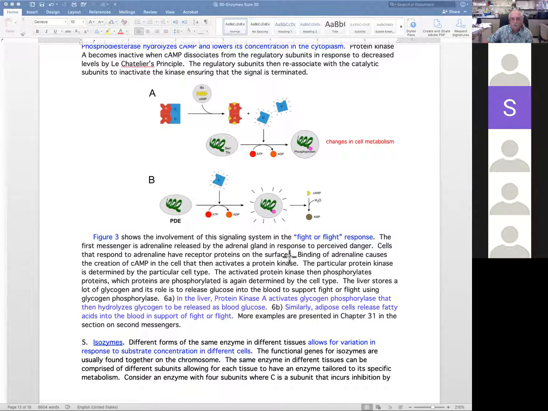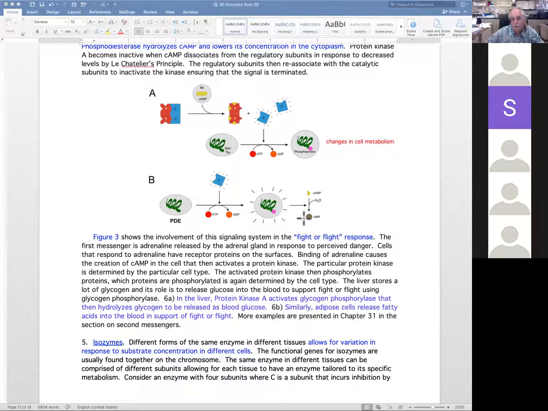Okay. So what does cyclic AMP do? Well, it takes this protein kinase right here and activates it, as we saw, by taking off those regulatory subunits. And what does protein kinase do? Protein kinase is a phosphotransferase. Now that it's active, it simply goes anywhere it finds a protein and puts a phosphate group on it.